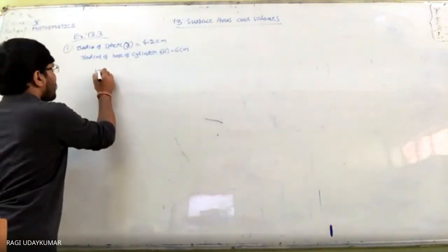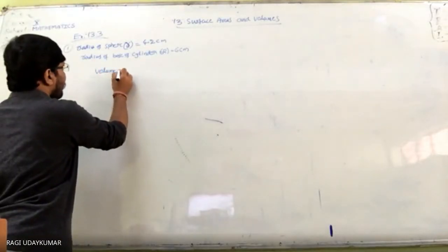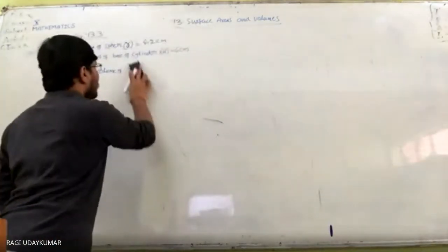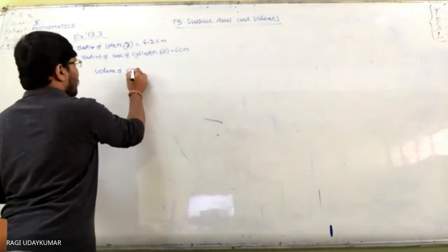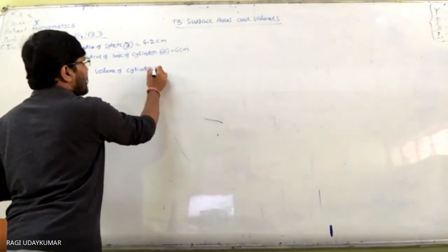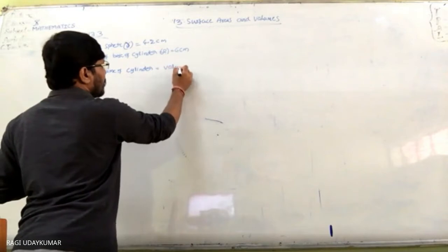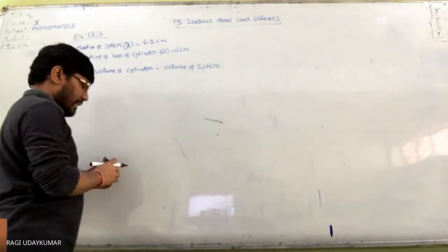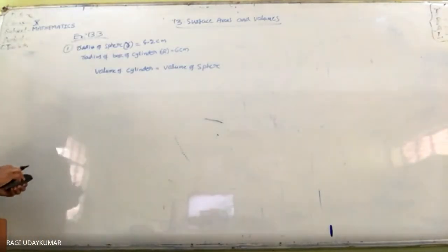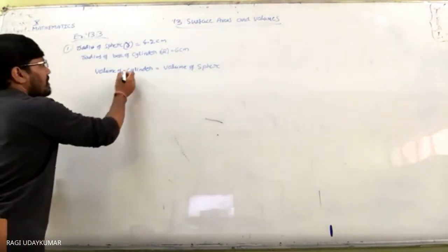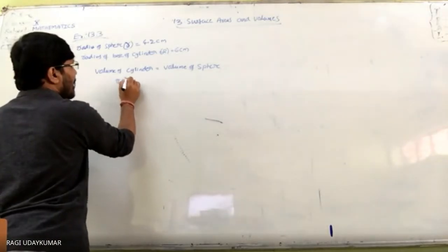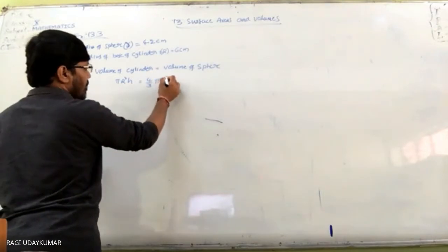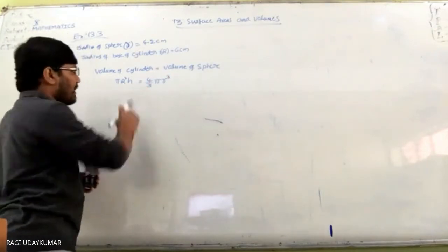So the volume of the sphere first. The volume of the cylinder is equal to the volume of the sphere, because it is recast. So the volume of the cylinder, pi capital R square h, is equal to 4/3 pi r cube, and we need to find h here.